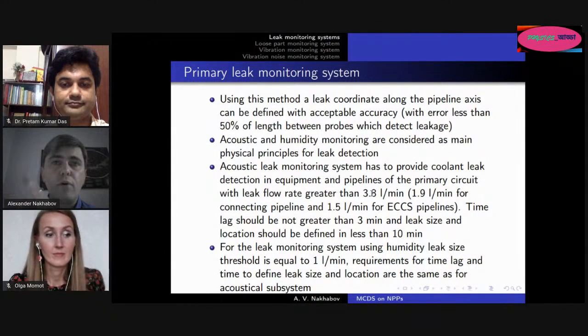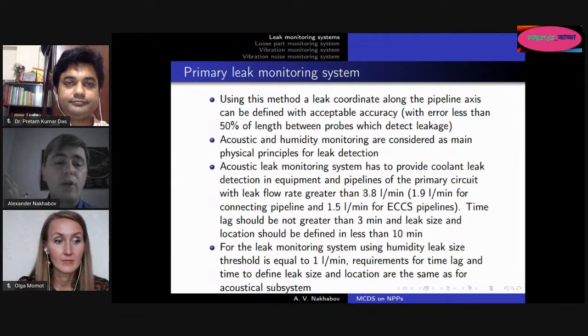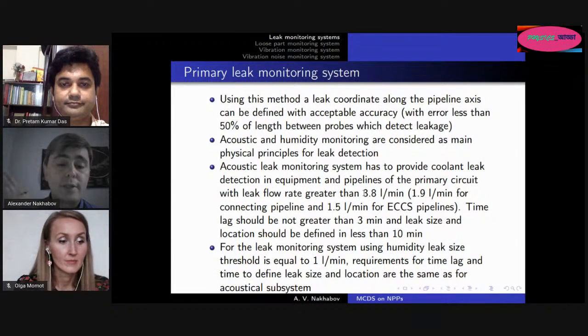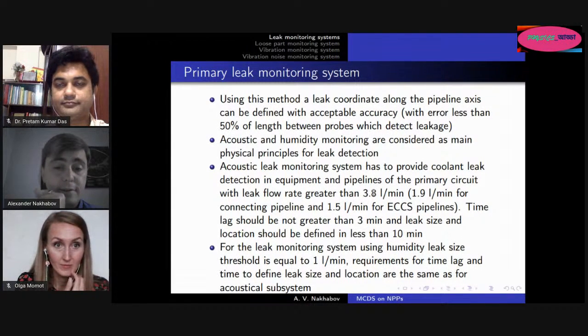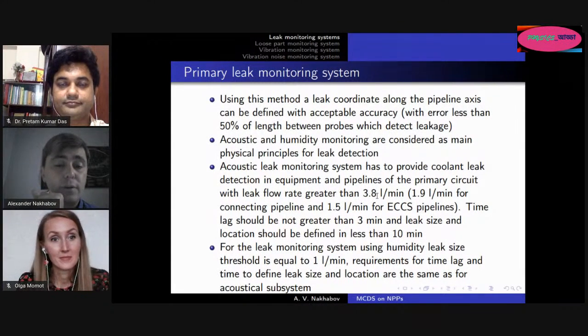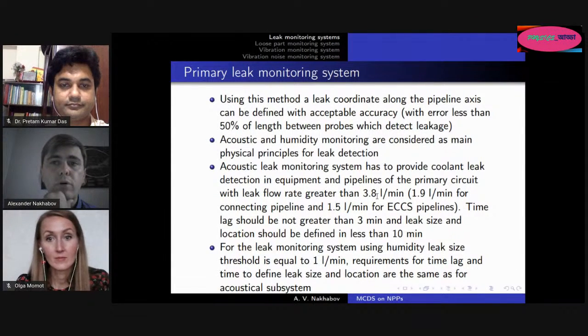But for the primary circuit, of course, it's not a big value, because we talk about dozens of tons of coolant inside the primary circuit. Still, it is much more important for us to find leakages at this stage, because later, if we do nothing, this crack will grow, and finally we will face destruction with a huge flow rate.